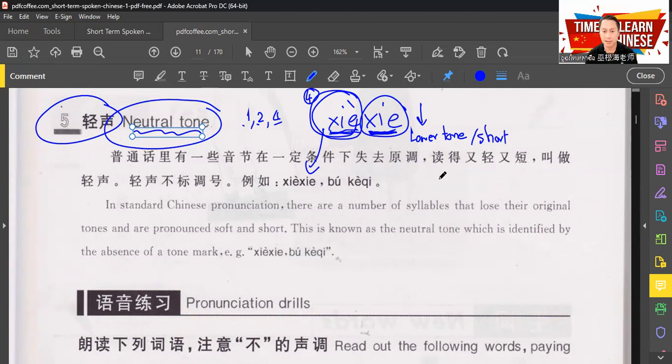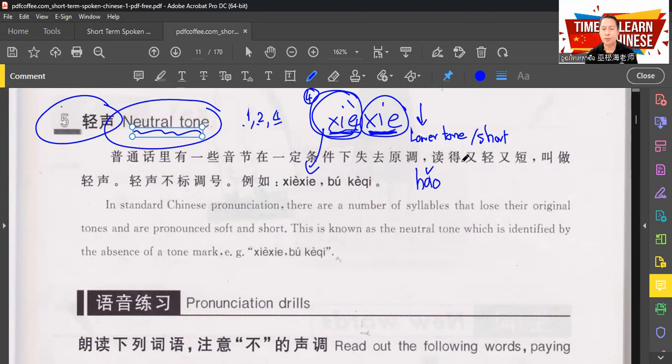But for other words, for example, HAO and third tone.